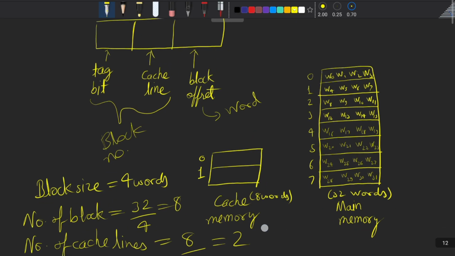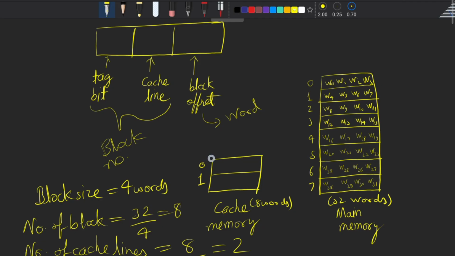In this example, we have assumed that block size is equal to 4 words. To determine the number of blocks in main memory, we simply use the total size of main memory, that is 32 words, divided by block size, that is 4 words. So we will have a total of 8 blocks in the main memory.